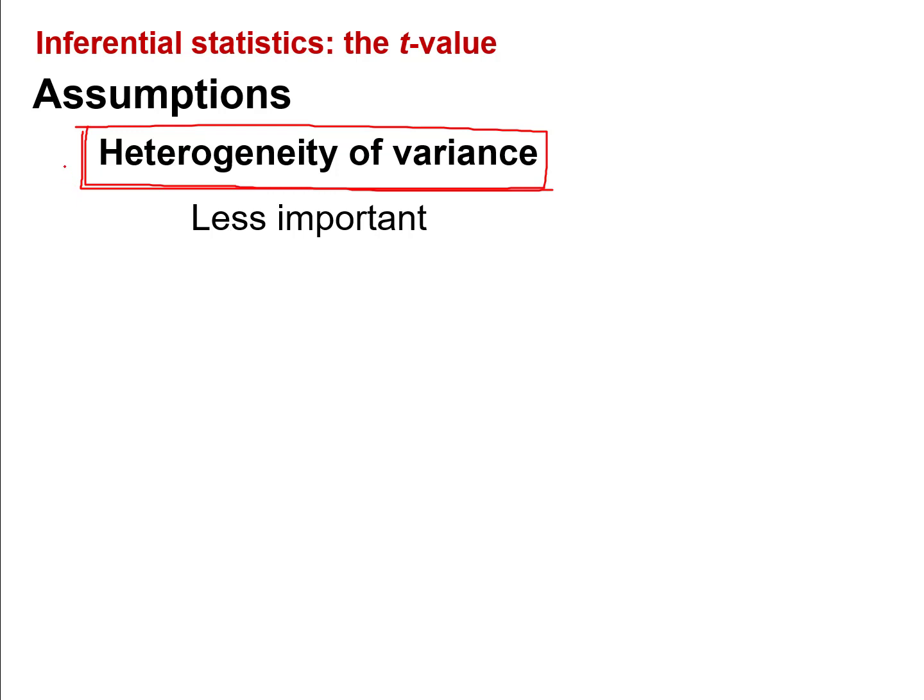And part of the reason why I'm not going to do very much with these formulas in this class is the fact that, well, in real-life research situations, they're simply not used very much. In real-life research situations, I would say it's fairly common for researchers simply to ignore potential problems with heterogeneity of variance. Researchers often don't pay that much attention to this assumption that the variances for your two groups need to be equal.